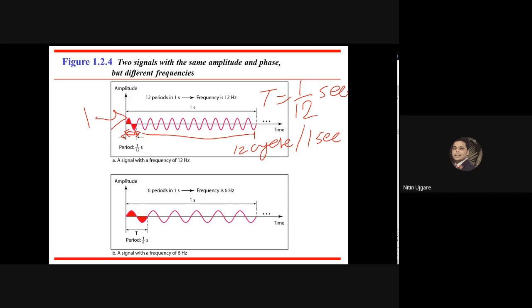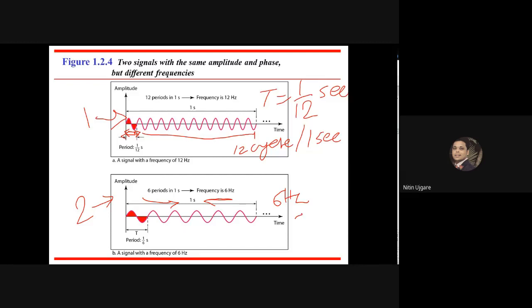Okay. Now as compared to this, the second signal has a frequency of 6 hertz. Why 6 hertz? Because the number of cycles that this signal completes in 1 second is 6. So the signal completes 6 cycles in 1 second, and that's the reason the frequency of this signal is 6 hertz.